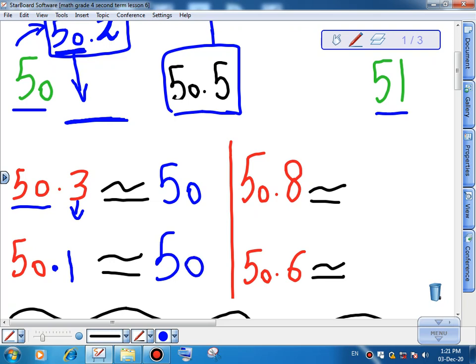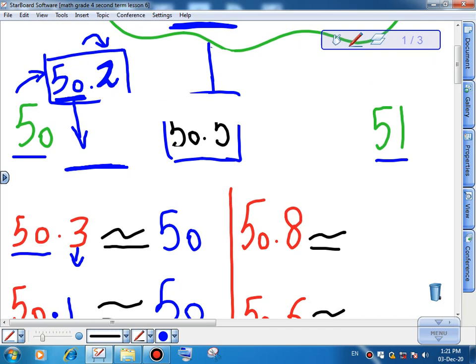But if I have 50.6, is 50.6 nearer to 51 or 50? It's nearer to 51. So if I need to approximate 50.6 to the nearest unit, again I only need the whole part.